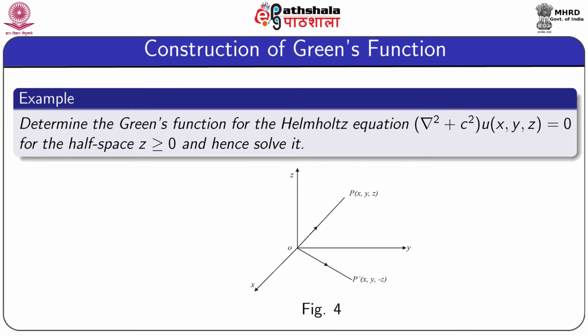Now, we want to find the particular expression for Green's function for this particular problem. So, in this problem, our region or the surface is given by z equals 0, and the Helmholtz equation is valid in the half space z greater than or equal to 0.